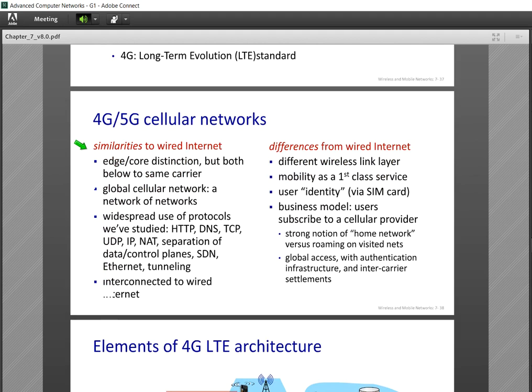Okay, let me try to compare cellular technologies with fixed or wired broadband technologies.